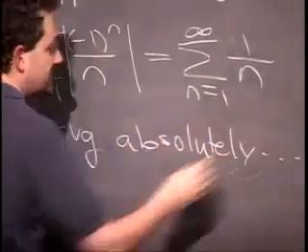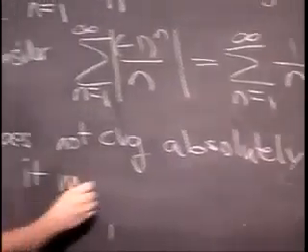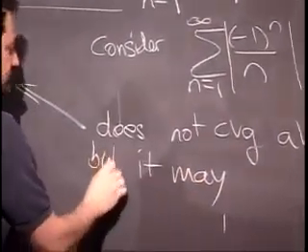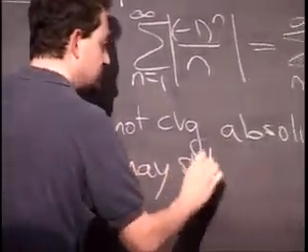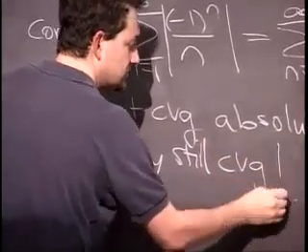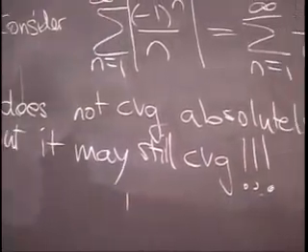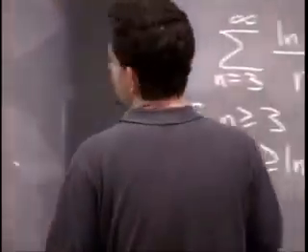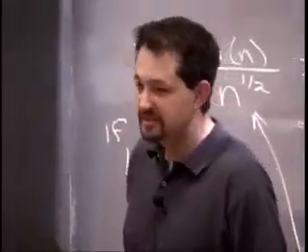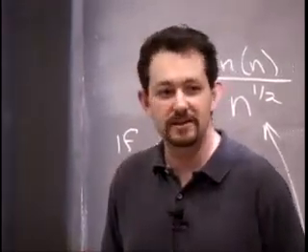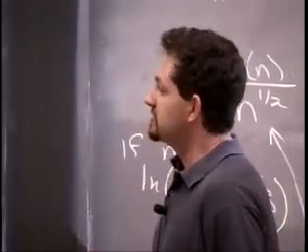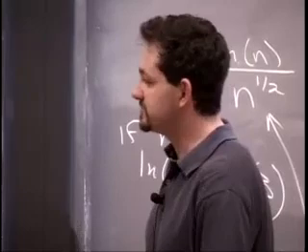But the amazing thing is, it may still converge anyway. Okay, to explain why it actually does converge, we're going to use the alternating series test, and then that's all we have left to talk about in series. And then we can talk about power series and Taylor series, which is something else altogether.